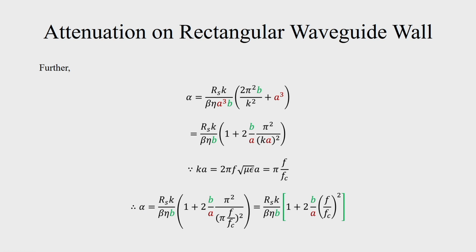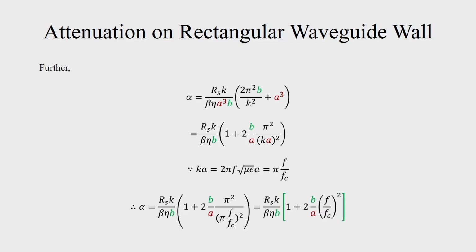Please note that our entire derivation is based on the fact that the attenuation on the waveguide walls is very small, and we have computed the surface current density in terms of the field components H_x and H_z, which were evaluated considering that there is no attenuation on the waveguide walls.